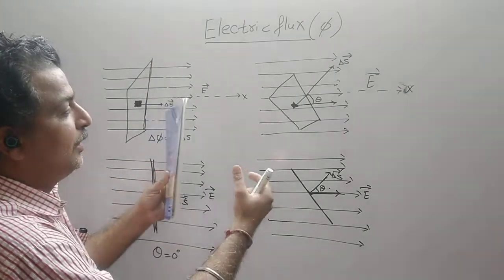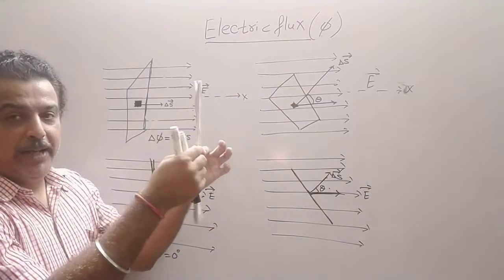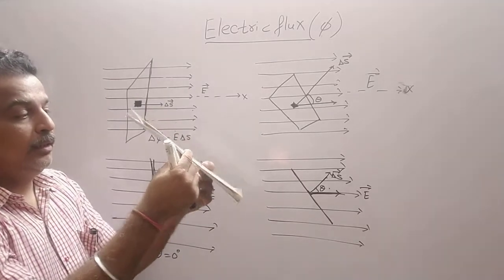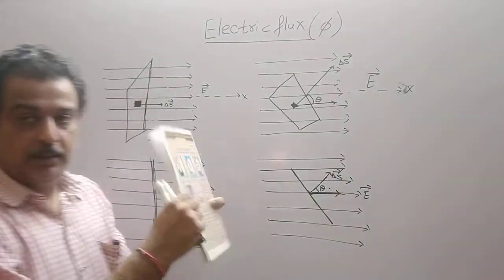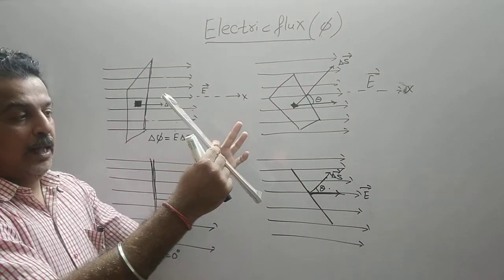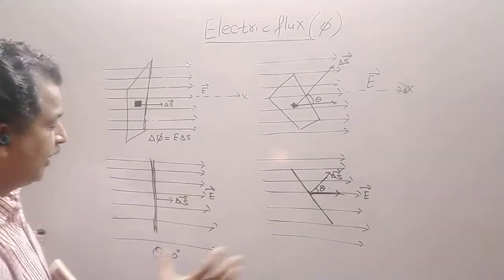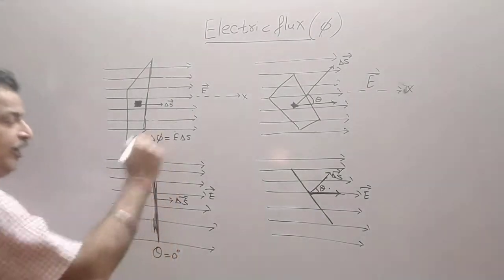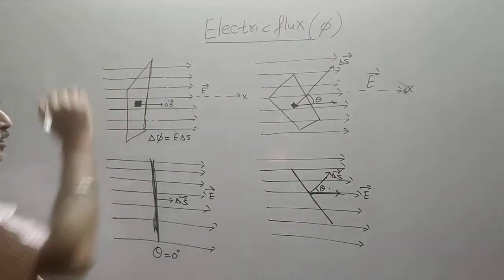Now let me change the orientation. I make this orientation like this. Now the area vector should be normal, so it is drawn upward like this, because the orientation has been changed. And the field is along the x-axis. So the angle is theta. Clearly you will be able to see that here all the field lines were passing through this unit area, which was a unit area we are taking.